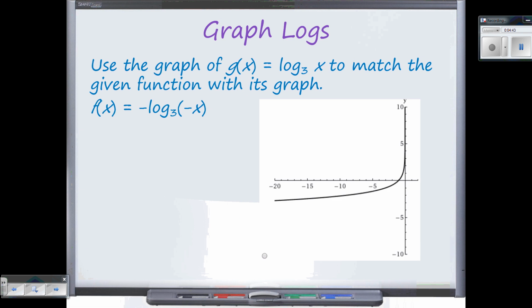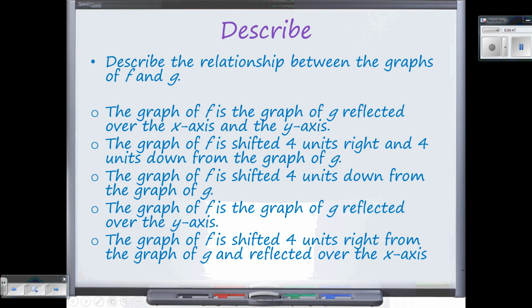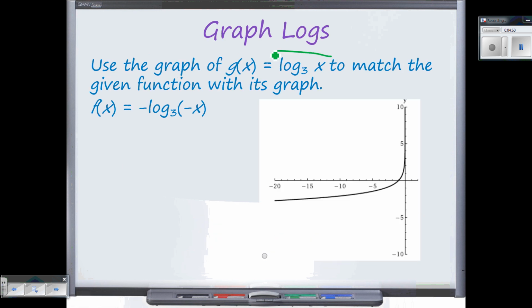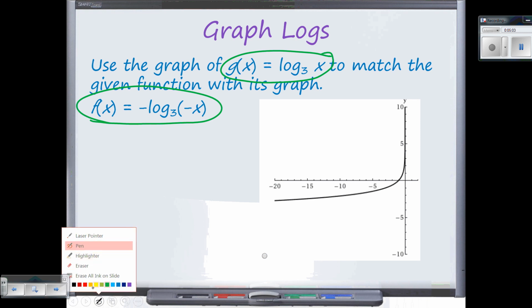All right, so now if I graph log base 3 of x in my calculator, and I graph negative log base 3 of negative x, that is exactly what you see on here right now.